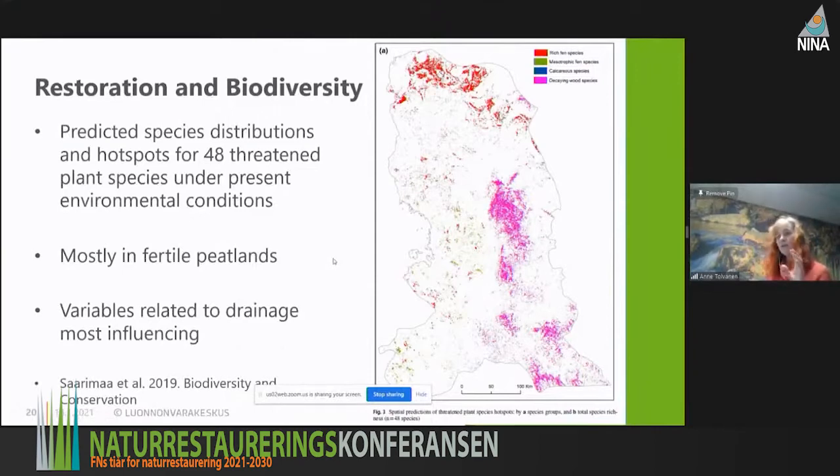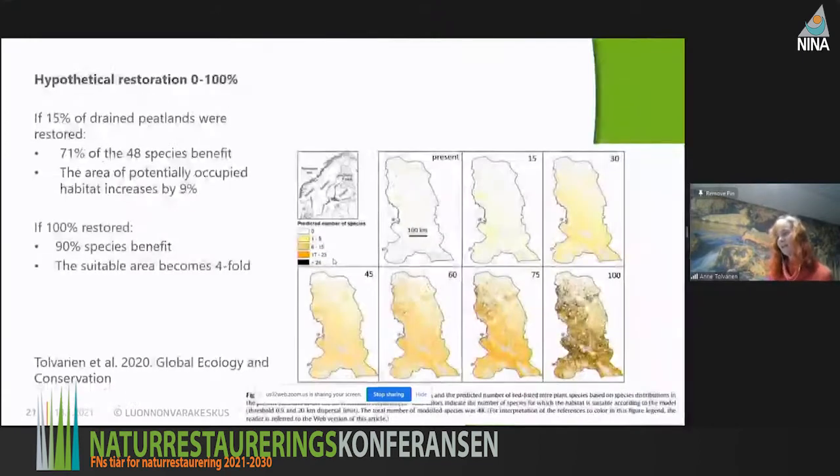So then we created the models in this paper, and next was a nice hypothetical restoration trial in our second paper, to look at what happens to these threatened species if we start to restore the environment. The restoration was totally theoretical, varying the percentage of drained area in the landscape from 0 to 100.